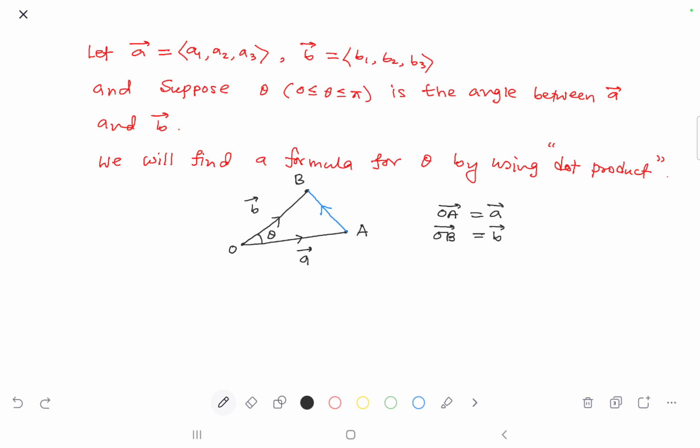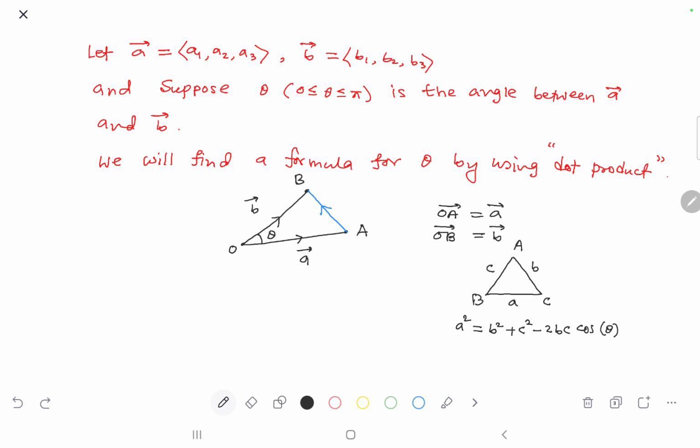Now see, just recall, Mayan, that if you take a triangle, let's say you have a triangle like this, and this is called the triangle formula. This is A, B, let's say this is C, and this is small a, this is small b, and small c. Can you remember that we did this formula in trigonometry? a square equals b square plus c square minus 2bc into cosine of theta.